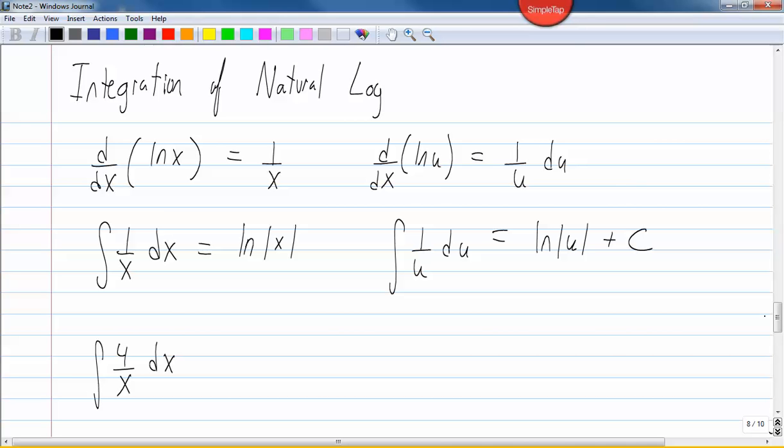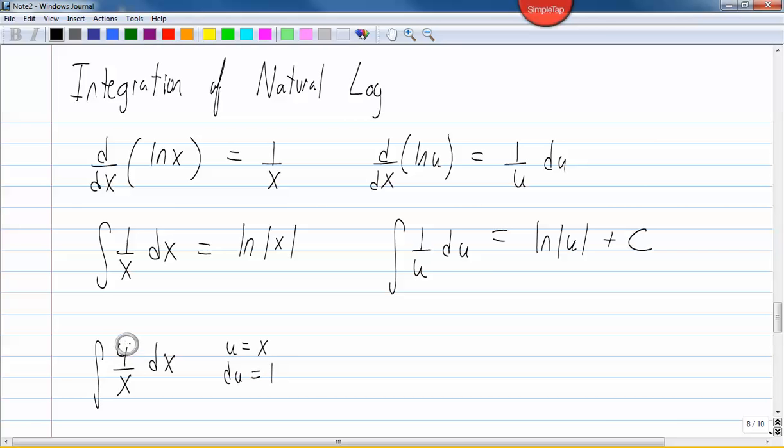The way that you can tell is you look at the denominator and let the denominator be your u. If you can let the denominator be your u and you have the du present, or in this case, on this problem, the du is 1, or 1 dx.